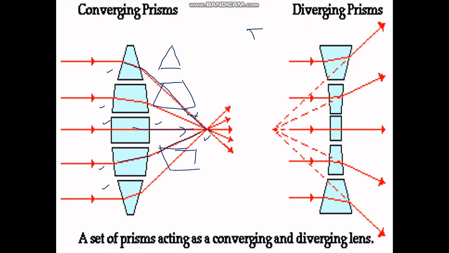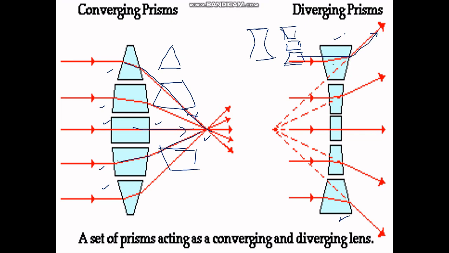Now you observe the concave lens. Over here, it is being broken. This is the picture of a concave lens, and when you break it up, you get views like this. Now, here the bases are on the opposite sides. So when a ray of light passes through this, it bends towards the base.